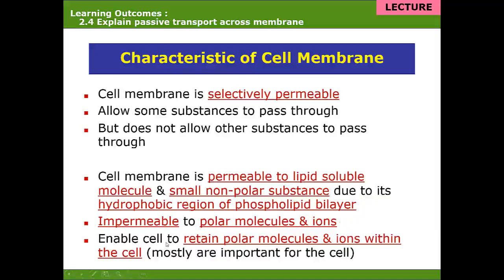So what is the importance of this characteristic? It enables our cell to retain polar molecules and ions within the cell, because polar molecules and ions are very important for our cell, so we couldn't let them escape our cell easily.